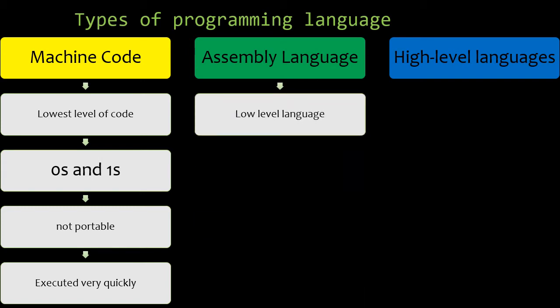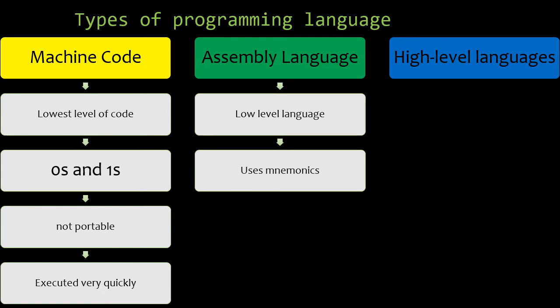Assembly language, again, is considered a low-level language. However, it was developed because machine code written in zeros and ones is really difficult to understand, to read, to edit and to follow. So assembly language uses mnemonics, sort of 3-letter abbreviations to represent the different commands that you might use, which makes it a little bit easier to put together. You may remember we had a look at some of these.